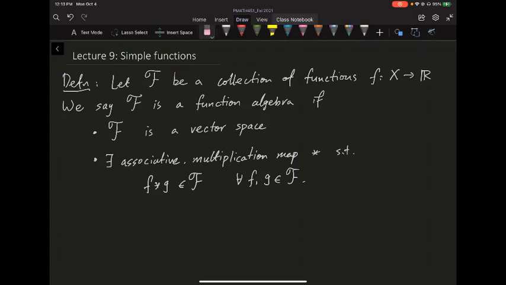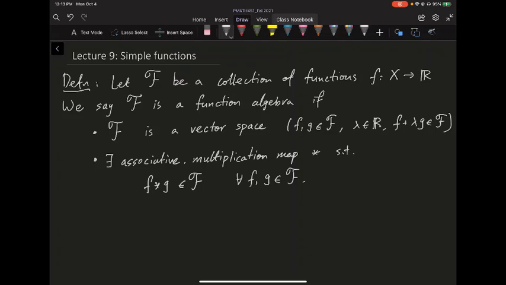So basically a vector space will mean that if you take any two elements, f and g inside your collection, and you take some kind of scalar, in this case, let's take real, then f plus lambda times g will also be inside your collection. Okay, so that's what I mean by a vector space, following the usual pointwise addition and the scalar multiplication.